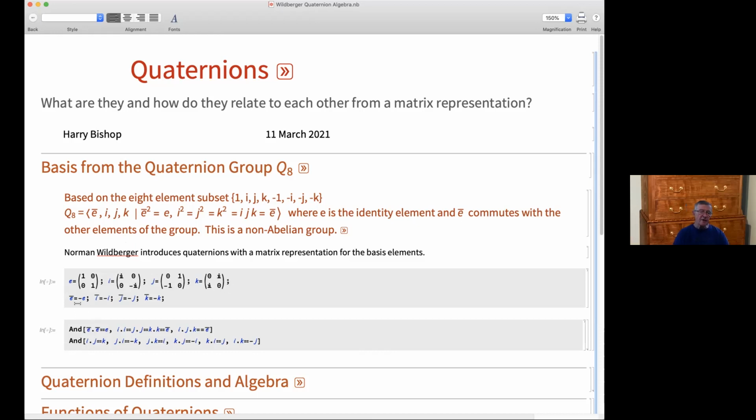Using Mathematica, you can identify the bar over these elements as the negative of I, J, K, and E. And what I used here was the special characters script for the E, I, J, and K so they wouldn't interfere with any other variables.